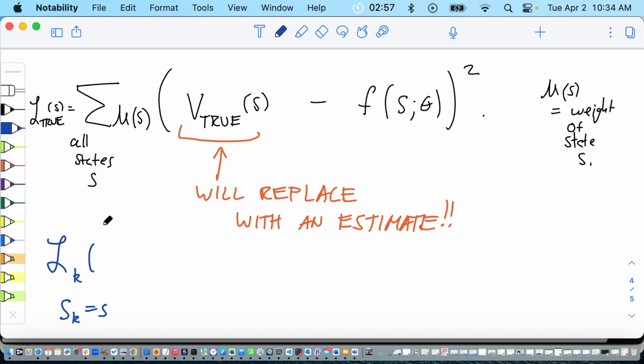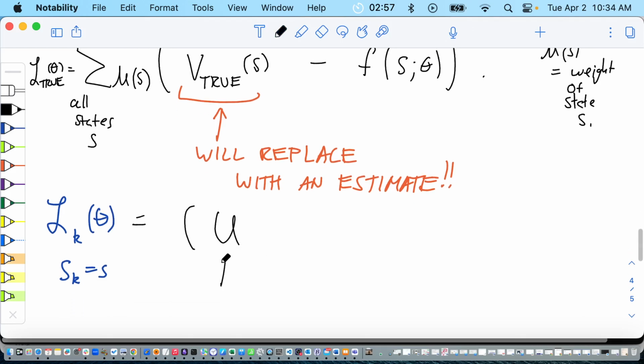Then what is this thing? And the loss function again depends on the weight, not the state. We're going to approximate this thing by some surrogate. So this is our estimate. This is the noisy estimate for the true value function.